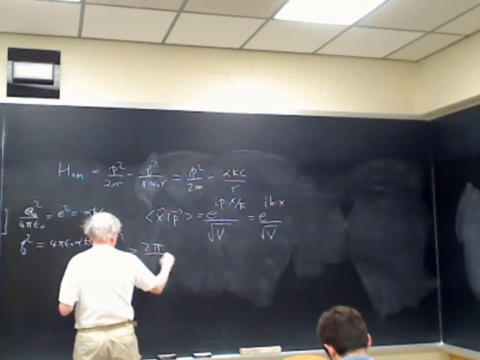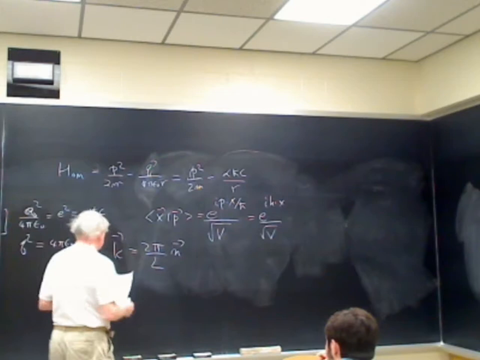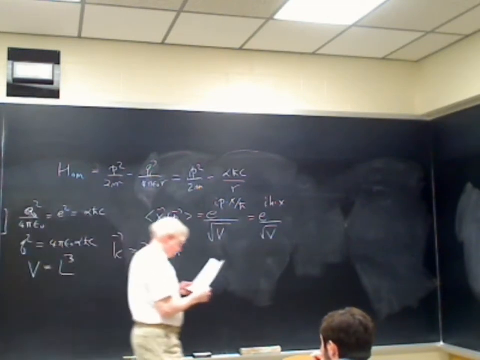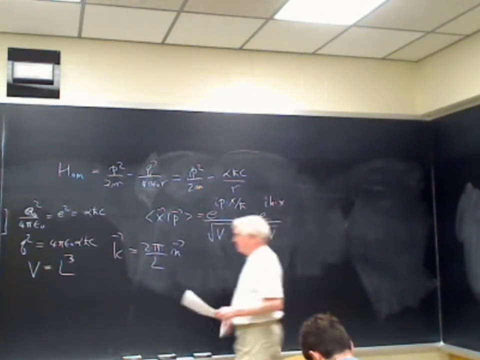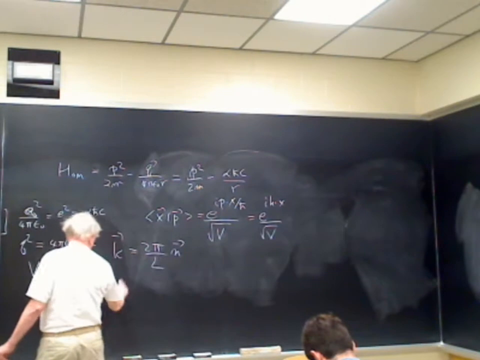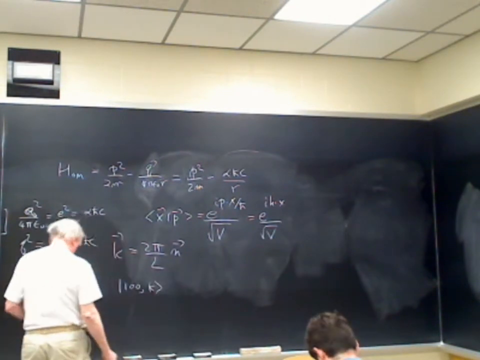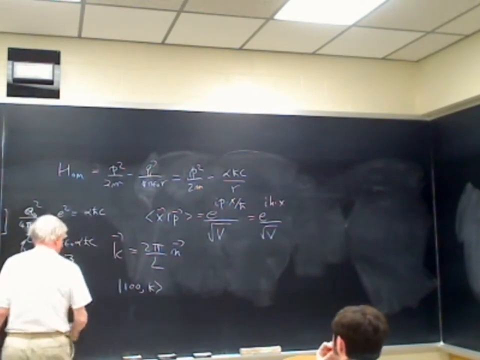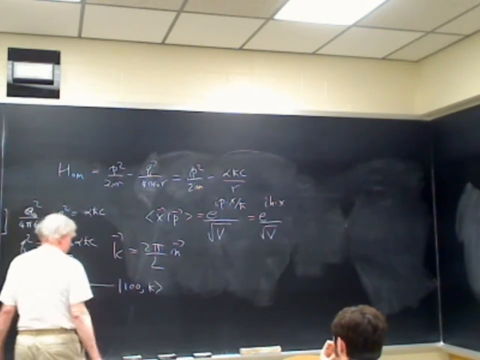We're doing box quantization for the electron as well as for the photons, and V, of course, is the volume. So the initial state is the 1, 0, 0 state of hydrogen, and then some photon. I should probably use k for the photon and p for the electron in its final state. The final state is p, so we're looking at this transition.